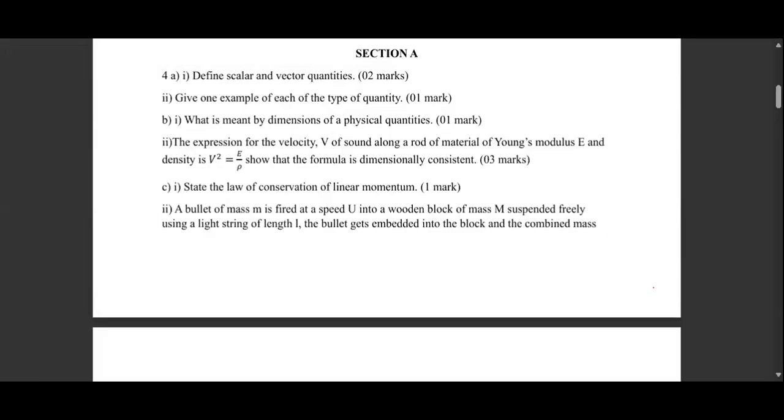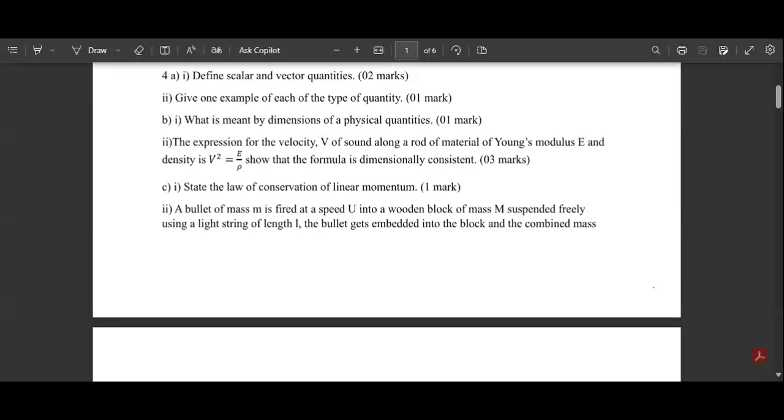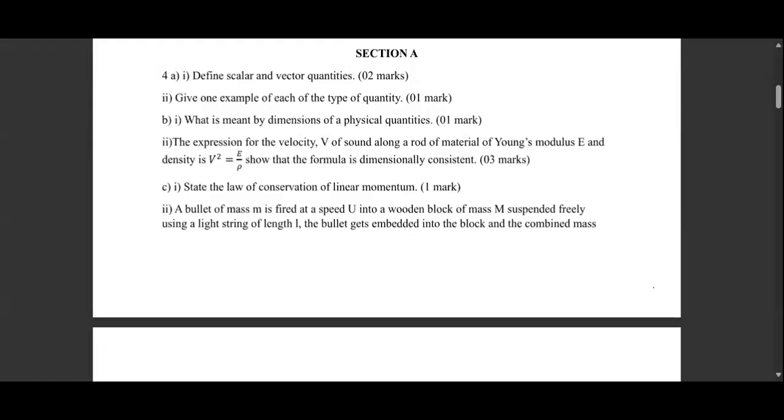Examples of vector quantities include velocity, displacement, acceleration, force, and momentum.